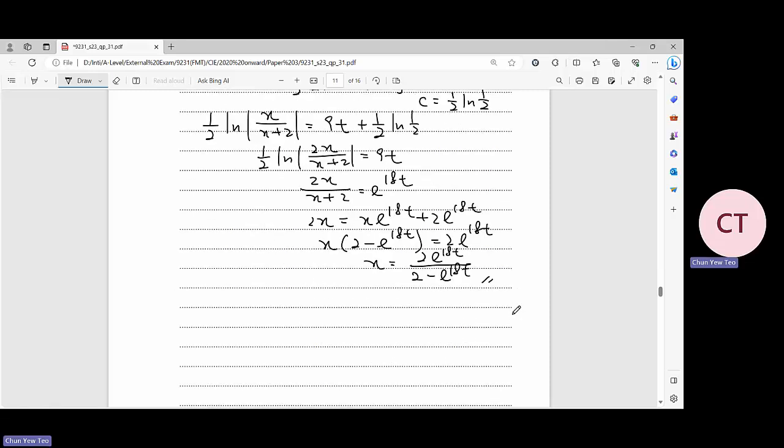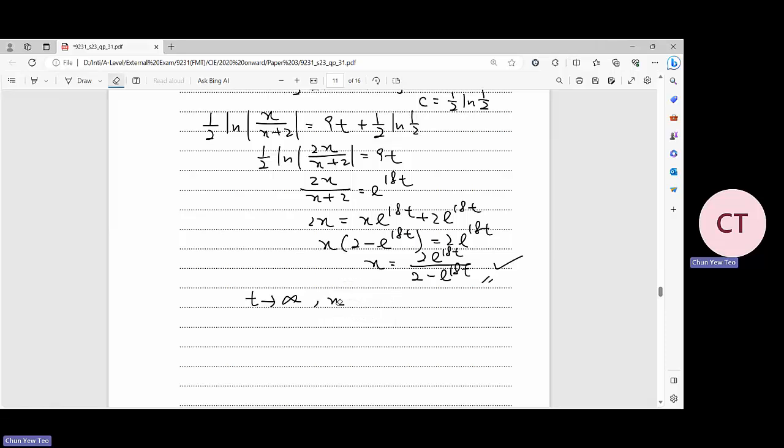The question didn't mention any particular form, so you just leave it like this, which is good enough. However, if you solve a lot of further mechanics questions, usually they like to ask what happens when t is approaching infinity. If you leave it in this form, you are not able to get the answer when t approaches infinity.